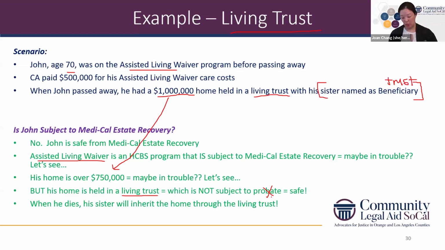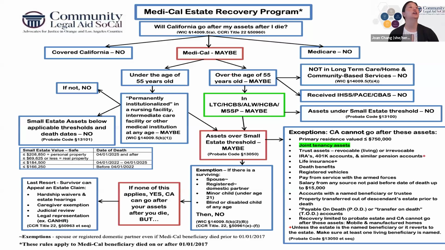Okay, I hope we're learning a lot here along the way. Let's go through our flow chart here. Again, we were here for a lot of our John examples. We were doing assisted living, and he was 70. And then we were talking about small estates, that chart that we were talking about.